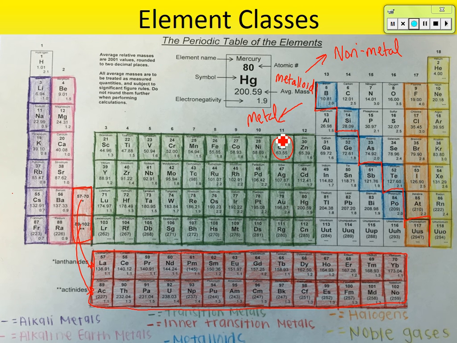It's a transition metal. Okay, I might give you uranium. What class of element is uranium in? The inner transition metal. What about magnesium? The alkaline earth metal. Okay, what about rubidium? It's an alkali metal. What about silicon?